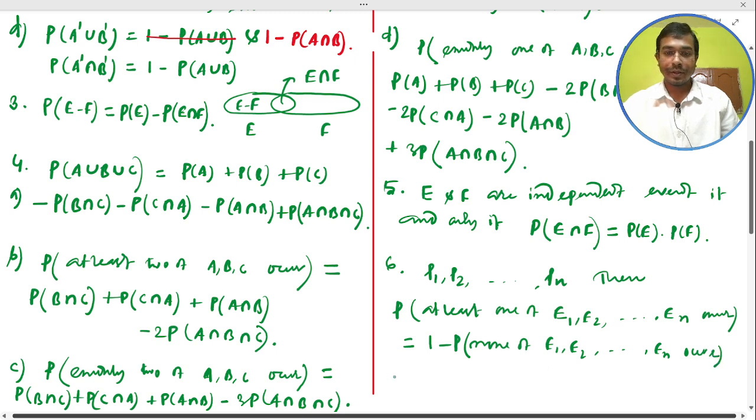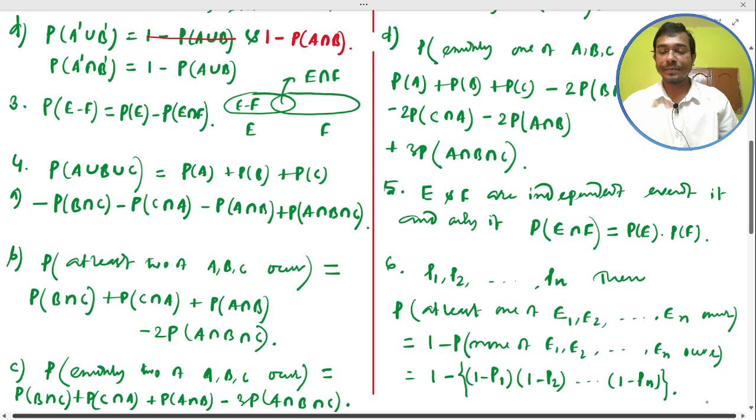This is equal to 1 minus (1 minus P1) into (1 minus P2) into ... (1 minus Pn), within brackets.